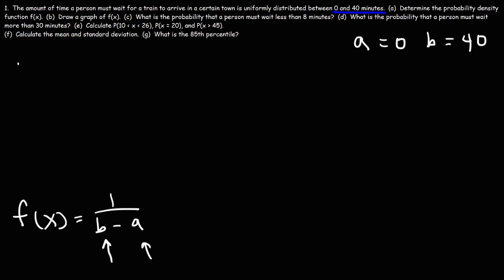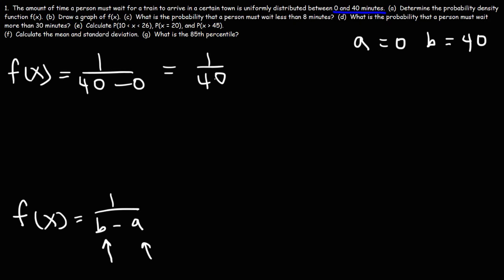So now we can calculate f of x. It's going to be 1 over 40 minus 0, or simply 1 over 40. So as we said before, for a uniform distribution, f of x is constant. It's simply equal to a number with no variables attached.